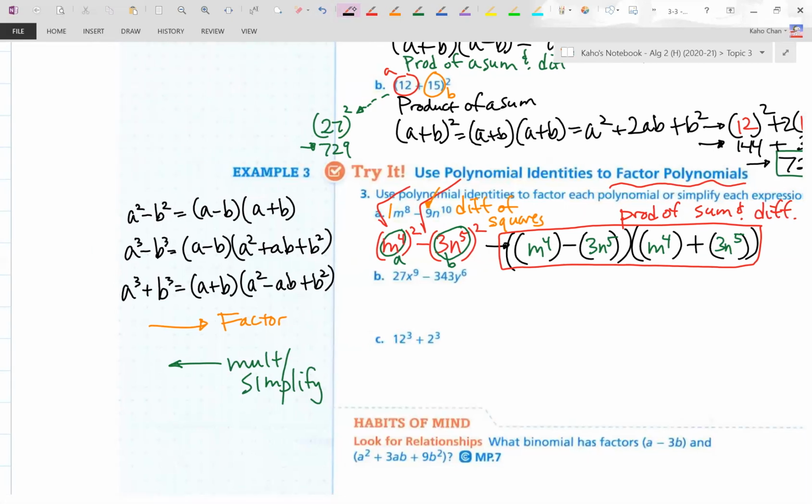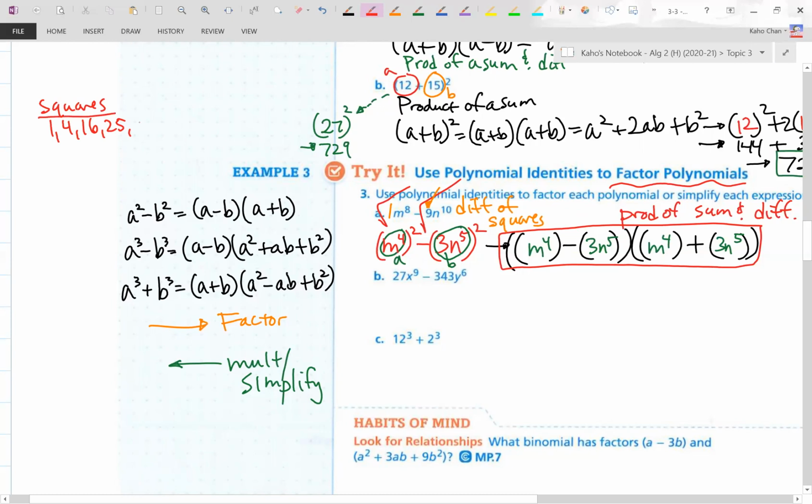Why not? And we already know about the perfect square numbers, right? 1, 4, 9, 16, 25, 36, 49, 64, and so on. Some of you might make that list for perfect squares and see that pattern in the future.